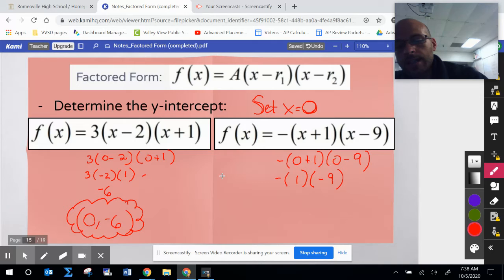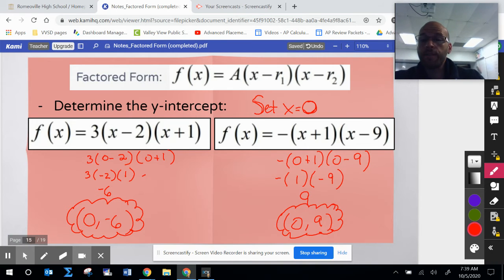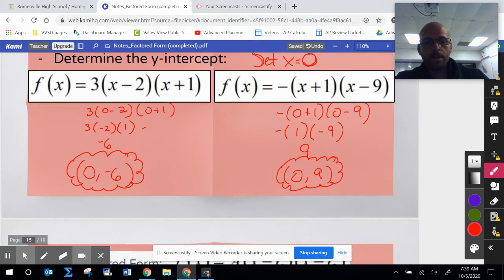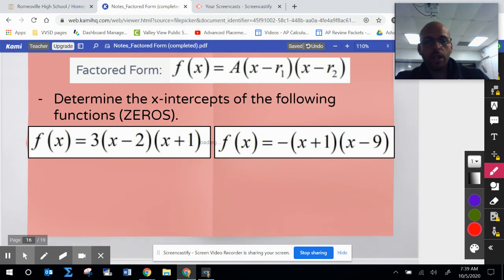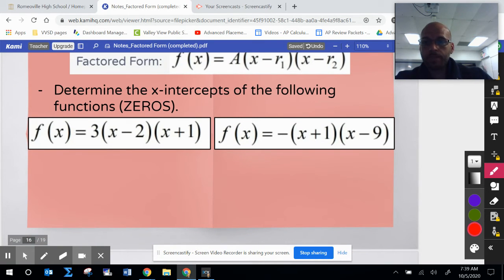And if I do a negative times 1 times a negative 9, that will give me a positive 9. And I get my y-intercept of 0, comma 9. So again, different form, but same method to find the y-intercept. We always just set x equal to 0. Okay? All right. Now, x-intercepts.